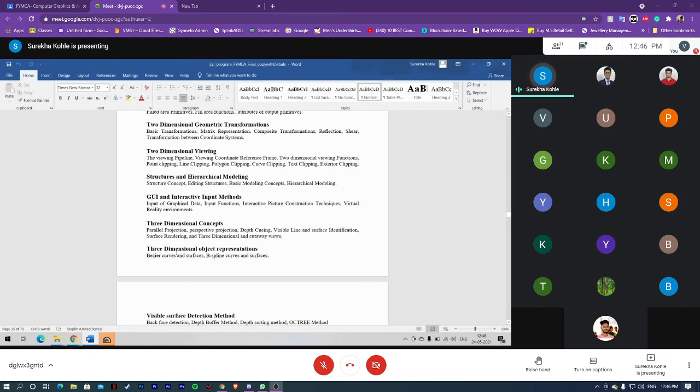Then three-dimensional object representation. In this there are different types of curves, like the Bezier curve and the B-spline surface curve. So actually, we have the monitor, and the monitor has small pixels. Pixels are nothing but a small unit of the monitor.